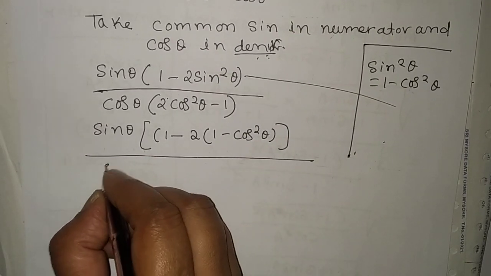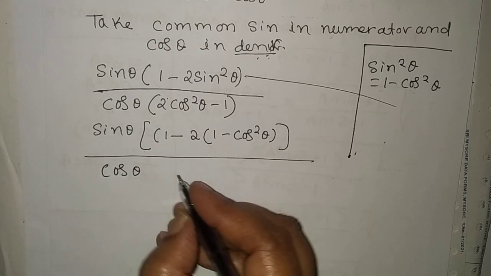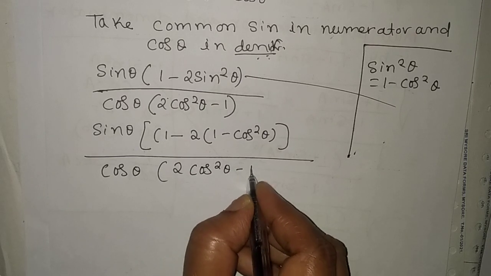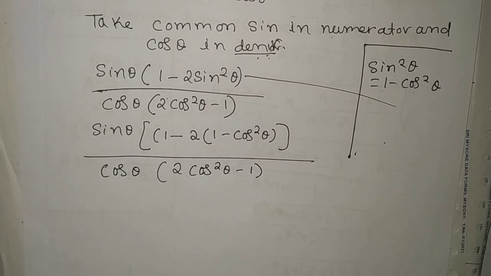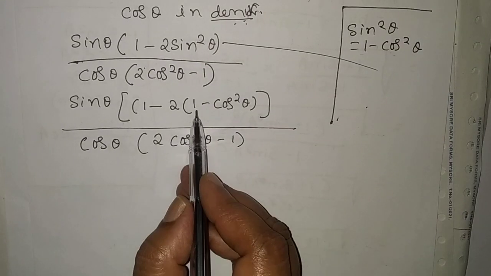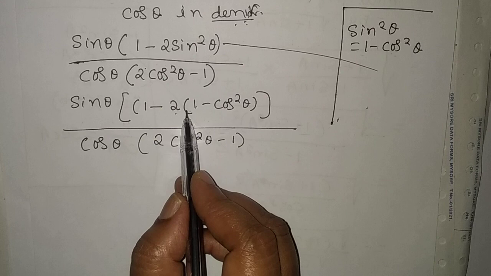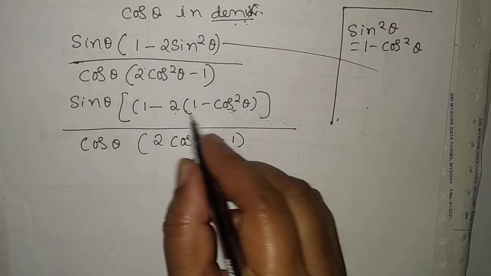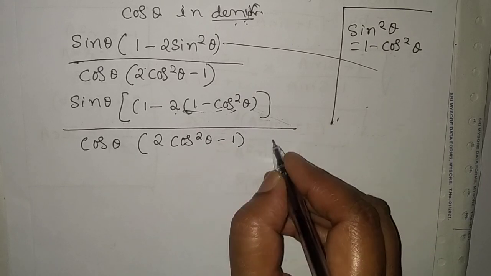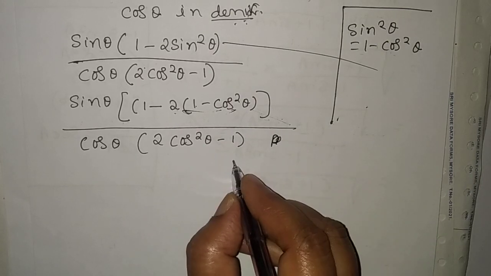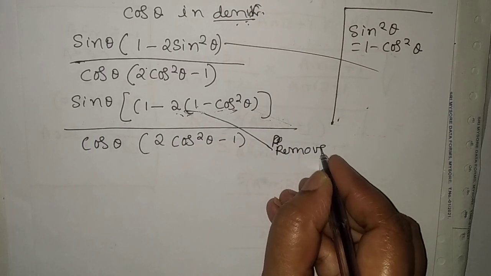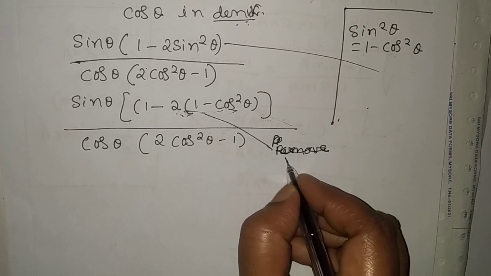Next, in the denominator cos theta, write down (2 cos square theta minus 1) as it is. Now remove the bracket or multiply.